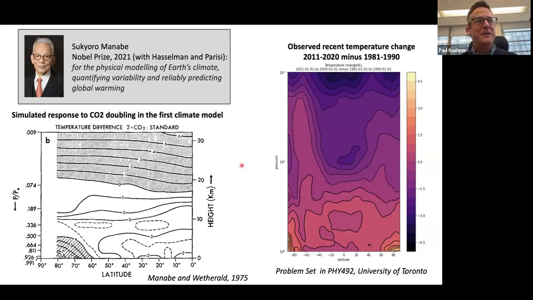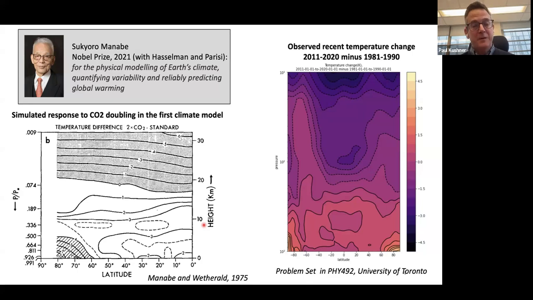And I like to start here because of just the amazing predictions that were made so long ago. This is a paper that's now 50 years old, from Manabe and Wetherald, taking a very simplified representation of the ocean and land configuration, the first comprehensive general circulation model.